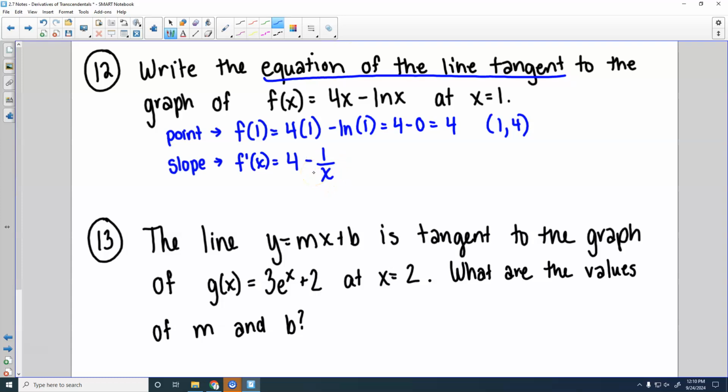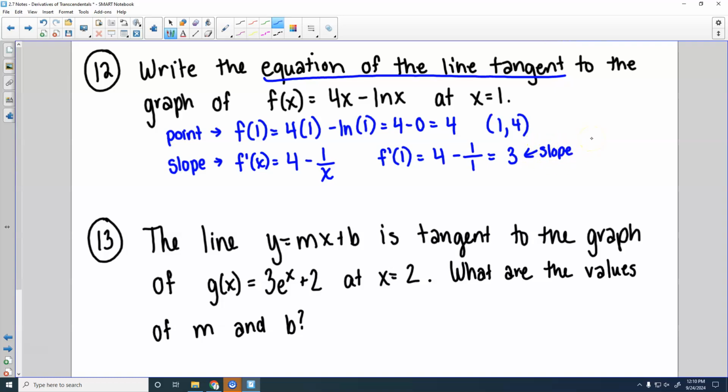So that is our derivative. We need to know the derivative at 1, so to find the slope at x equals 1, we just plug 1 into that derivative. So we'll have f prime of 1 equals 4 minus 1 over 1, which is just 1, of course, so we'll get 3 for that. That's our slope of our line there.